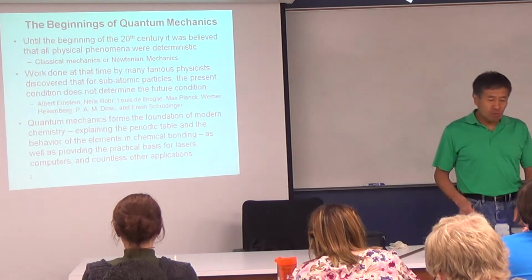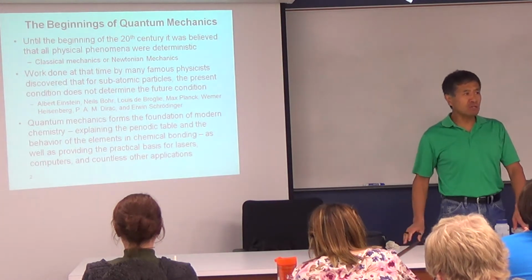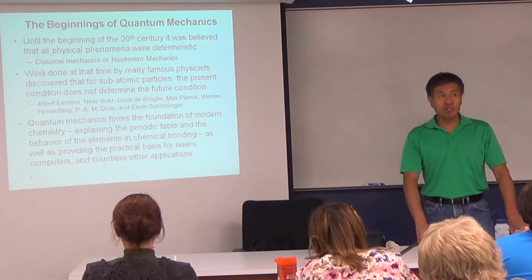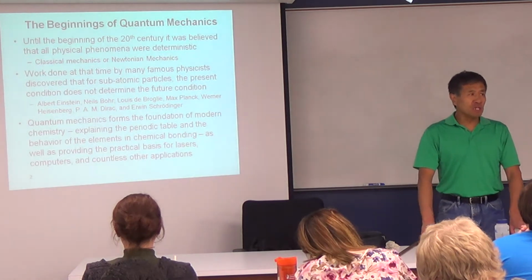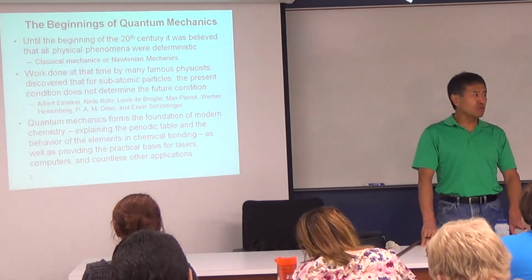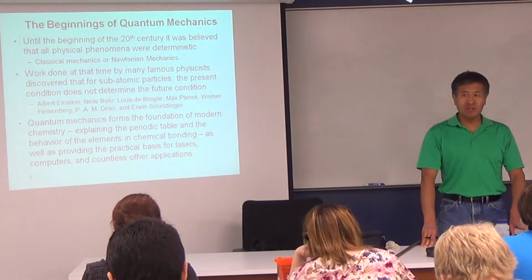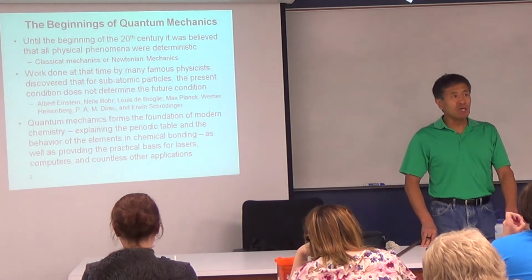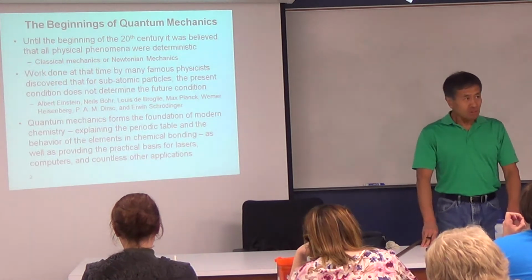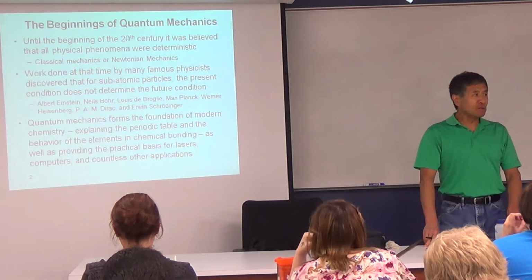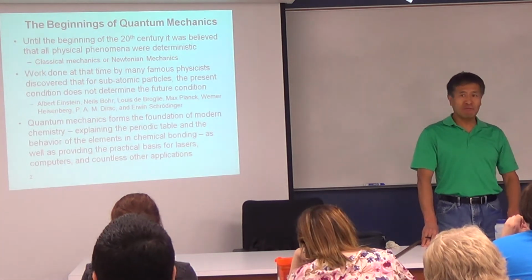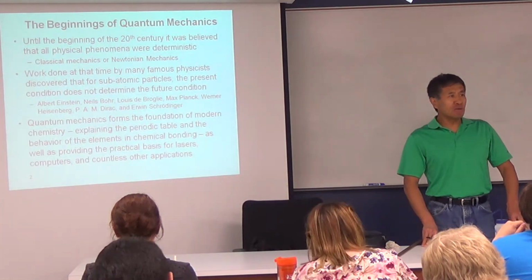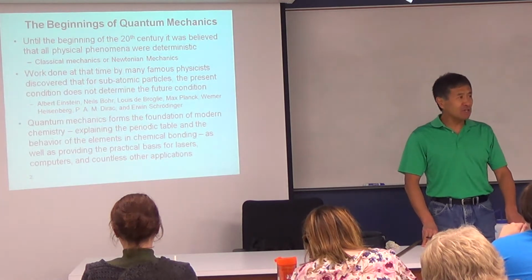So one very important point in classical mechanics is that everything is deterministic, which means if you know the present condition of something, you can predict precisely everything in the future, if you know enough information, obviously. So then those principles which come from classical mechanics do not really apply to some of those experimental results they found.